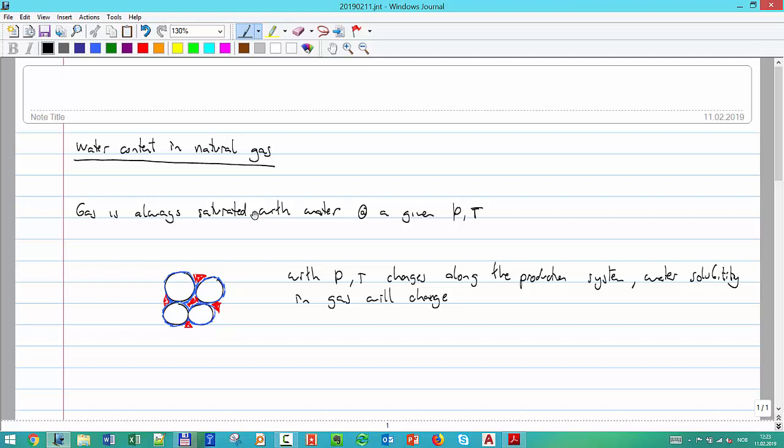Typically, it's not always a rule of thumb, but if temperature goes down and pressure goes down, the gas can contain less water. Thus, it has to drop some of the water it has because it cannot carry any more. It has reached its maximum capacity. So let's put here that typically with pressure reduction and temperature reduction, the solubility is decreased. That means that water comes out of solution.